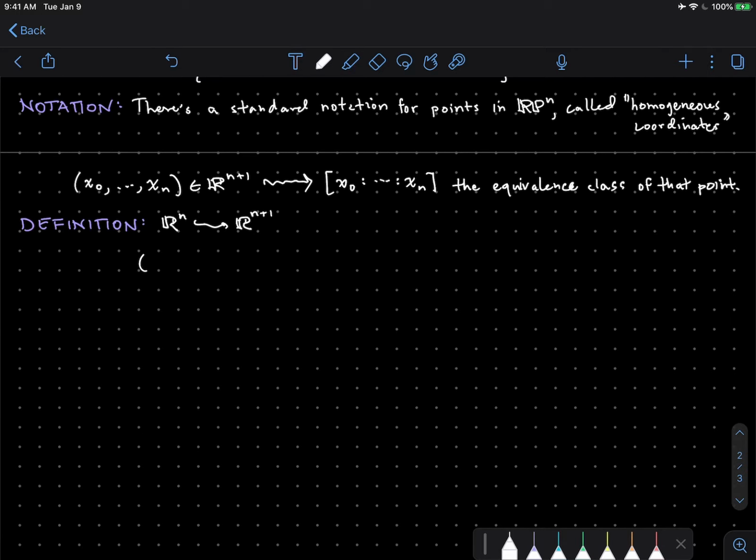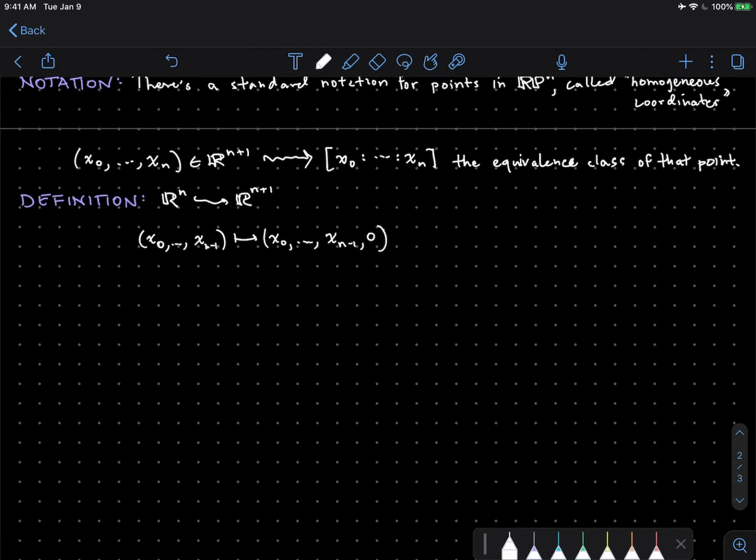And this just takes x0 up to xn minus 1 and maps it to x0 up to xn minus 1, comma 0. So that's a standard inclusion that we have there.